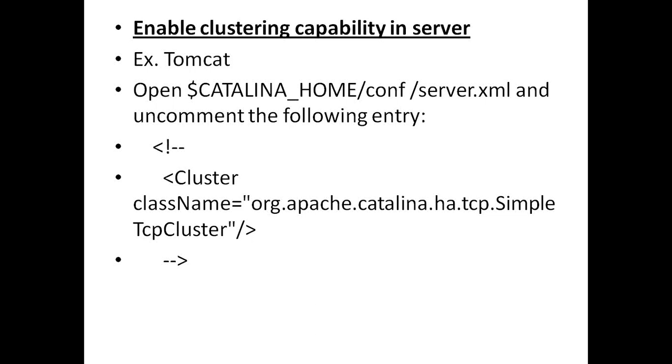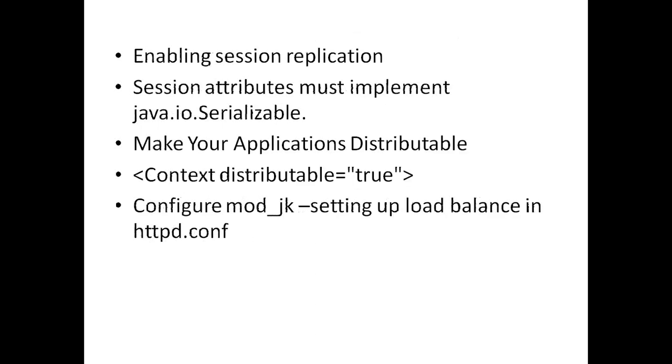The same way we can do it in WebLogic, WebSphere or JBoss. Let's see the Tomcat example. Go to the server.xml file. There is a tag called cluster. Uncomment this tag. By default it will be commented. Then there is a tag called Context distributable equal to true in the same server.xml file of Tomcat. Uncomment this tag also.